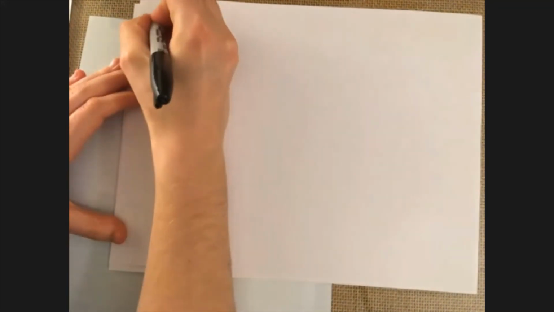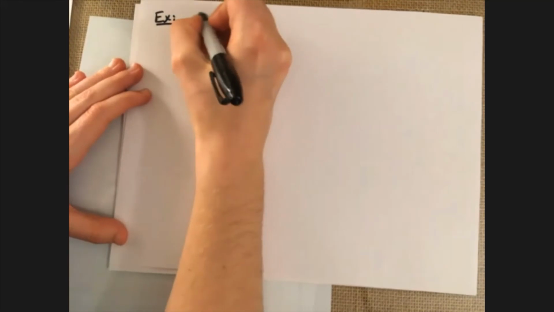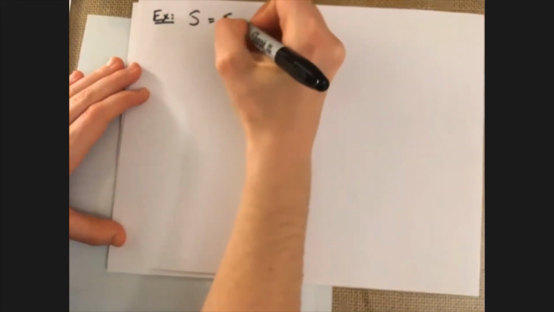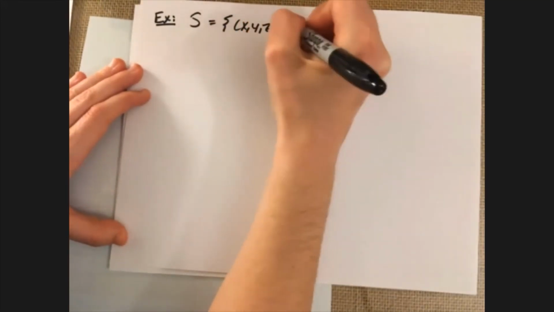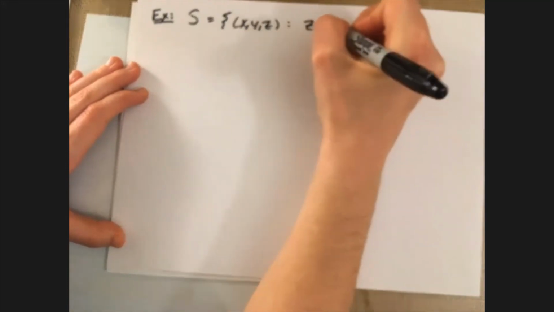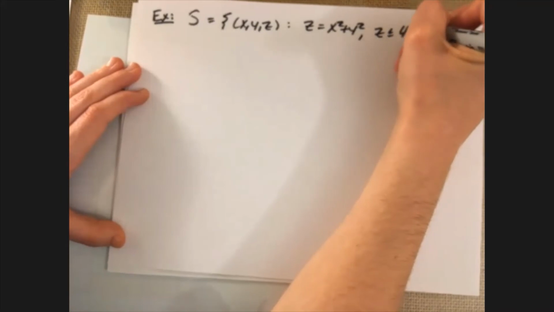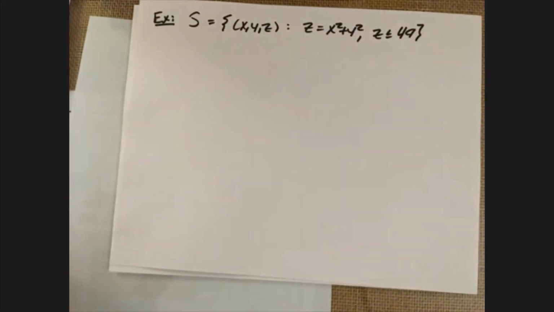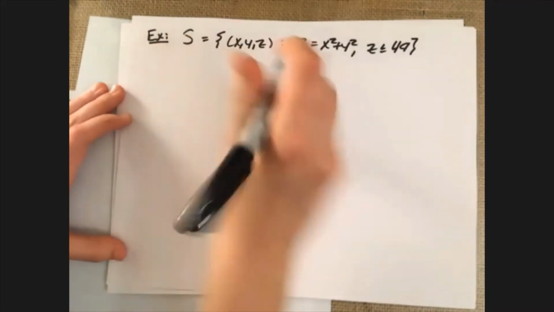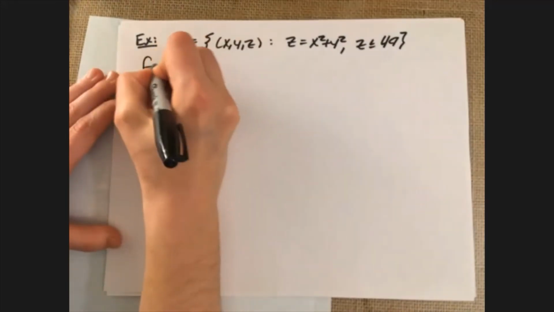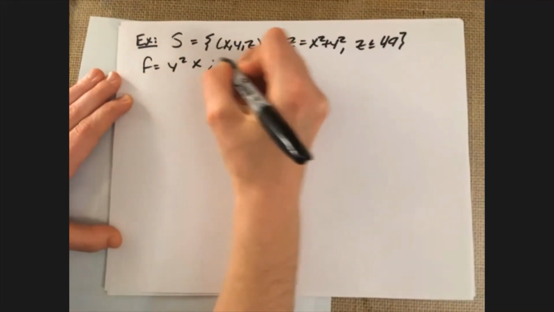In this example, we're going to look at S equal to the set of x, y, z such that z is equal to x squared plus y squared, and z is less than or equal to 49. The function that we're going to integrate is f equal to y squared x.